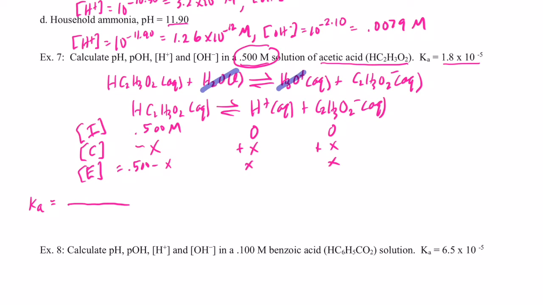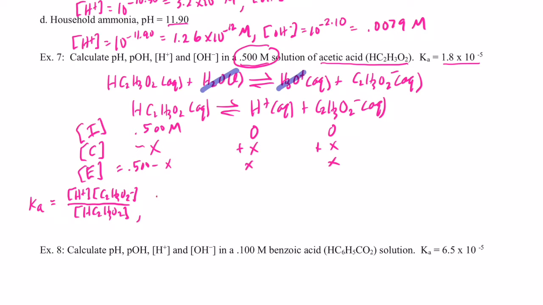Ka equals, remember we put products over reactants. It's been a little while since we've done this, hasn't it? H plus times C2H3O2 minus all over HC2H3O2. Alrighty? Now we can plug in some numbers here.